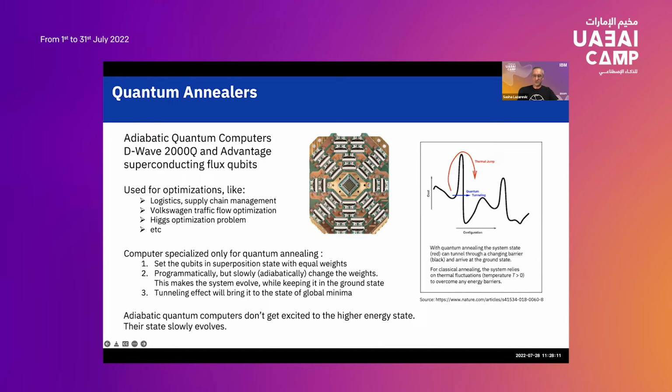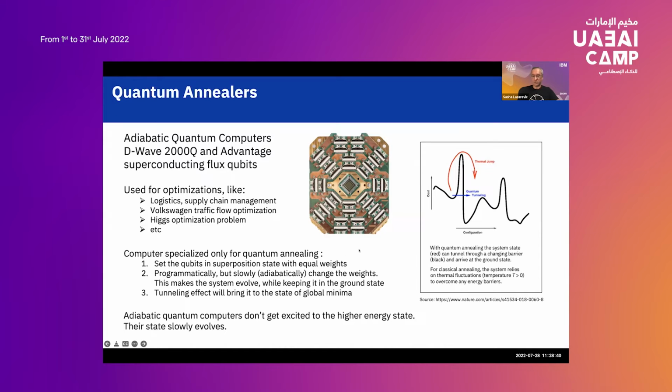It exploits the mechanism of adiabatic computing, where you are slowly evolving your state until it reaches your solution, with a minimal energy level. So this is a slow evolution that can be used to implement optimization problems like logistics and supply chain management.